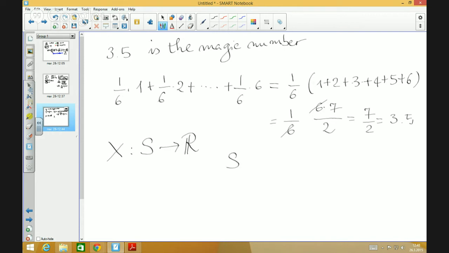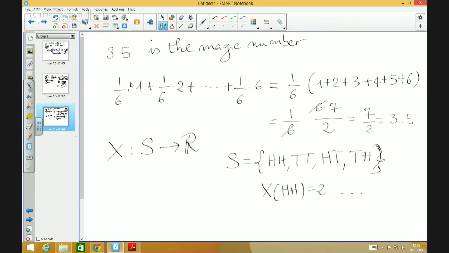So S will be head, head, tail, tail, head, tail, tail, head. And now, since the random variable is supposed to assign the number of heads to each one of the possible outcomes, we will have that X of HH is 2, and so on.